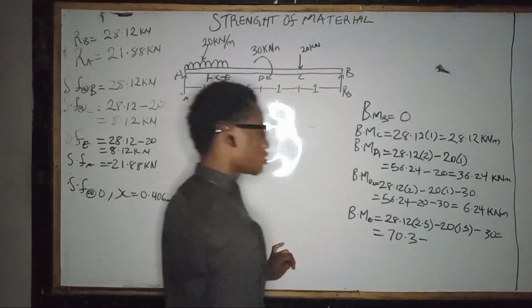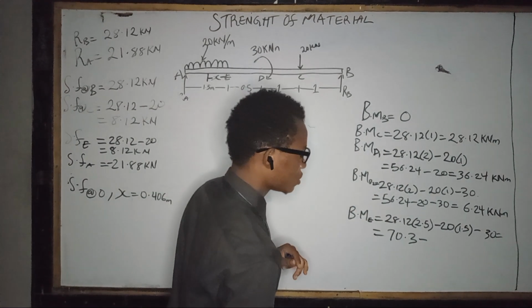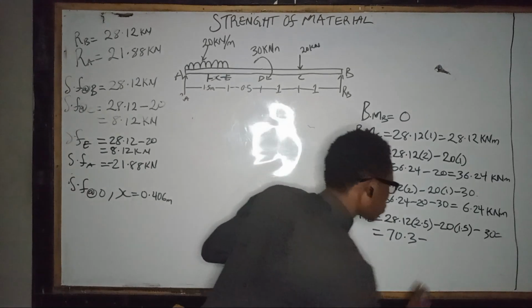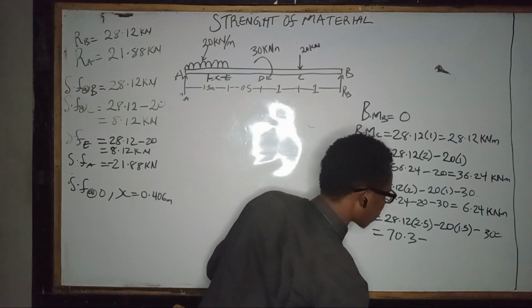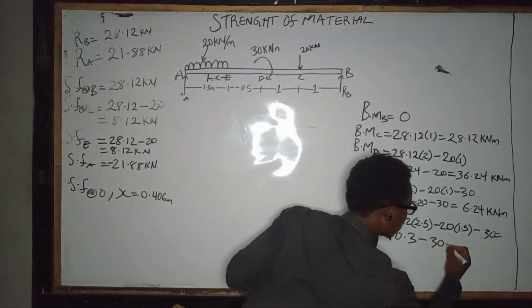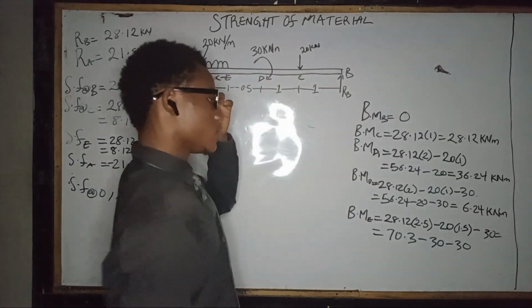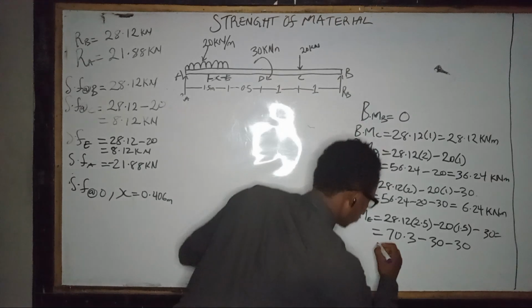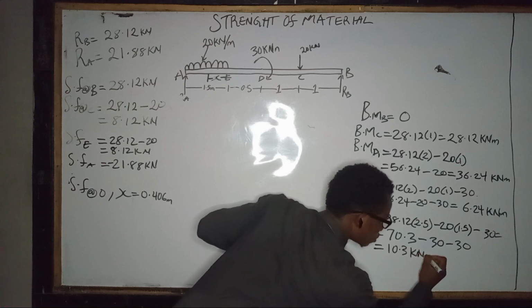Minus 20 times 1.5, which would be equal to 30, then minus 30. So what you are going to get after adding this up is going to be equal to 10.3 kilonewton meter.